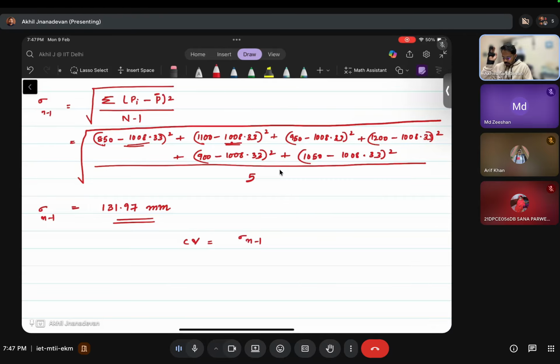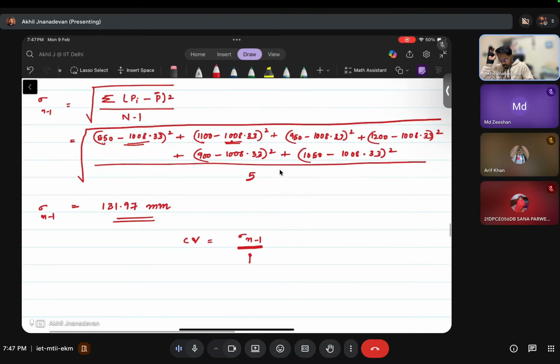Then sigma n minus 1 by the mean, which we already found out, P bar. This, reported as a percentage, that is P bar into 100, is called the coefficient of variation. How much is the spread?